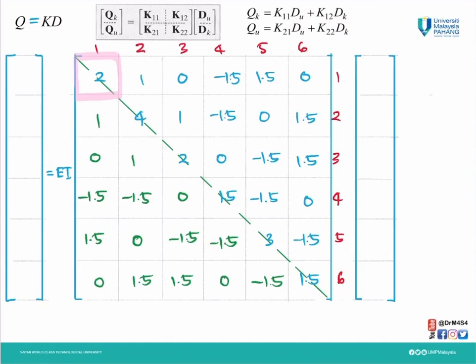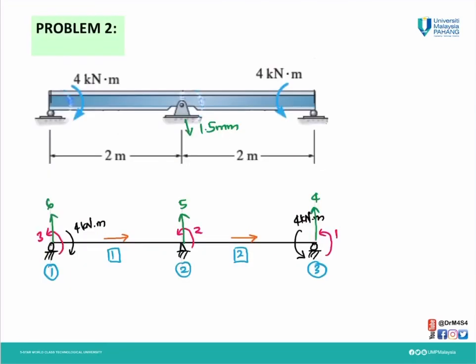Then you have to identify the line that splits between known and unknown. From this question, we know our D known, Dk, is D4, D5, and D6.